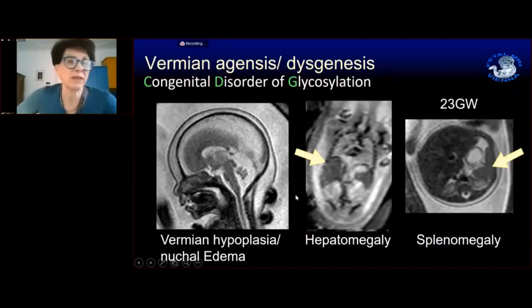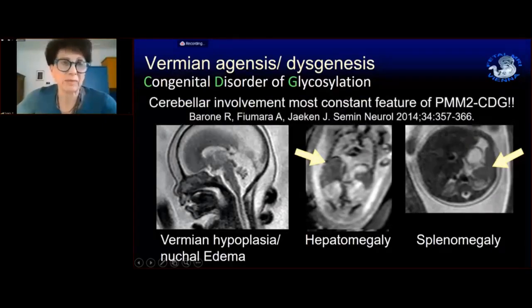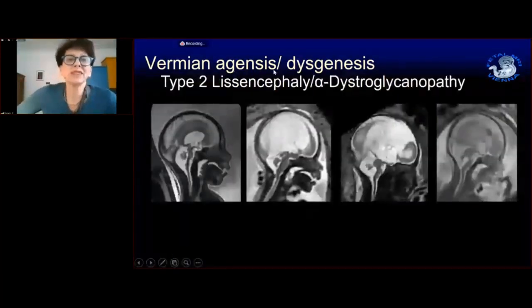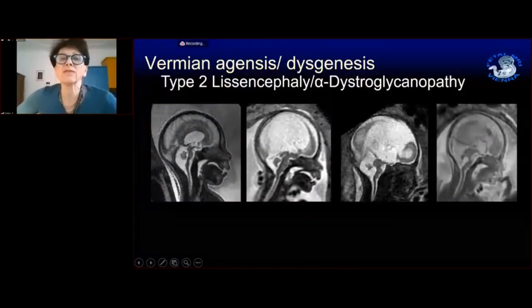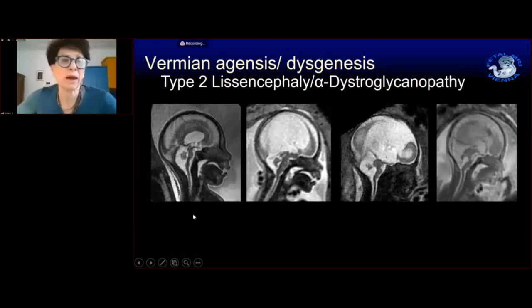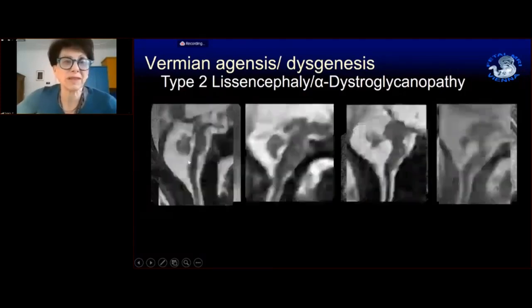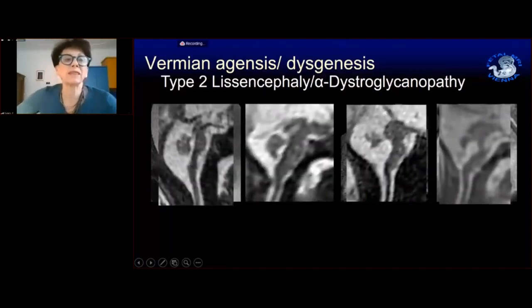Vermis agenesis and dysgenesis is a salient feature in type 2 lissencephaly and alpha-dystroglycanopathies. As you see here, some examples of a small dystrophic vermis. Here it's a bit blown up so that you can see that better. And in these conditions, we also have malformations of the pons.